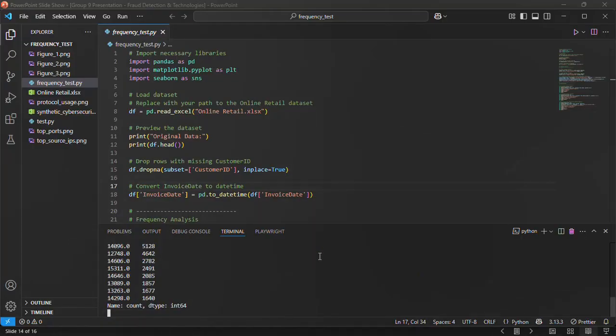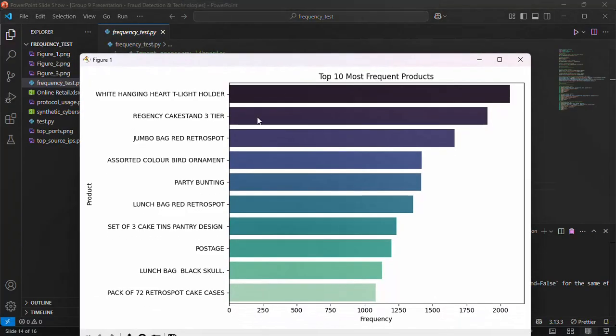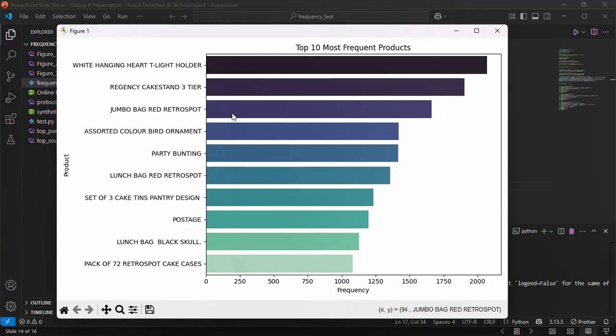Now to visualize our findings, we plot three bar charts right here. The first chart shows the top 10 most sold products. From this, we can quickly spot any outliers that dominate the sales.